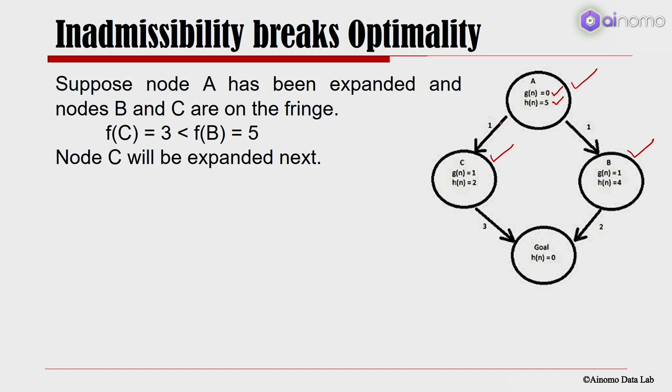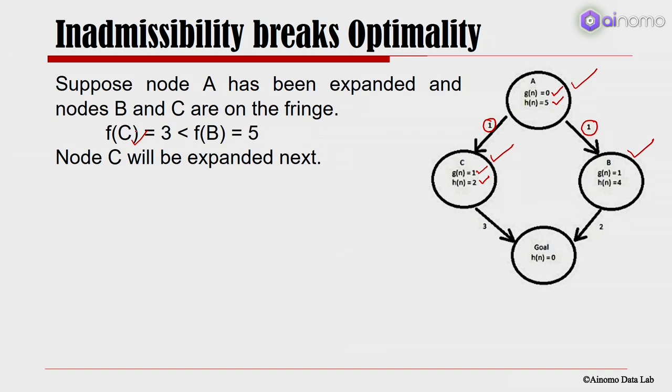The branch that's coming to C, the cost is 1, whereas the branch that goes to B also has a cost 1. So if I compute the total cost at C, it will be the cost of coming to C, which is 1, and the heuristic estimate of going from C to the goal, which is 2, 1 plus 2, that's 3.